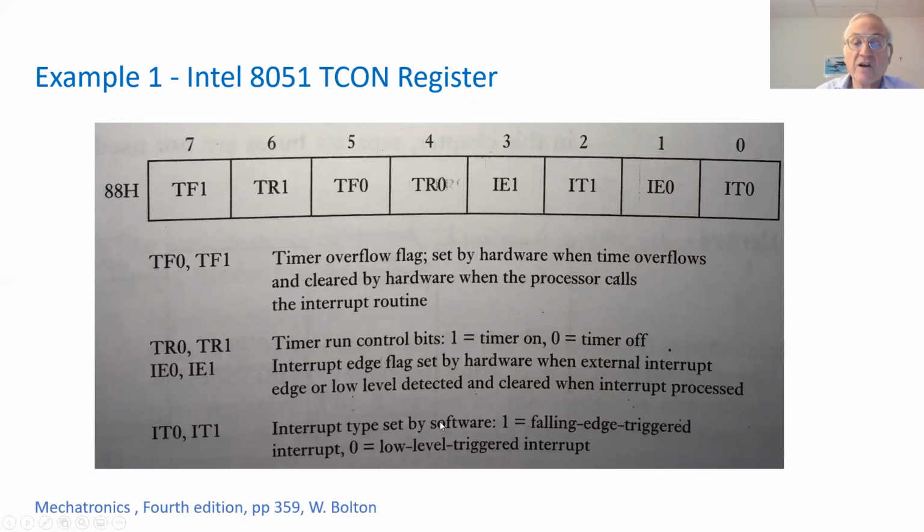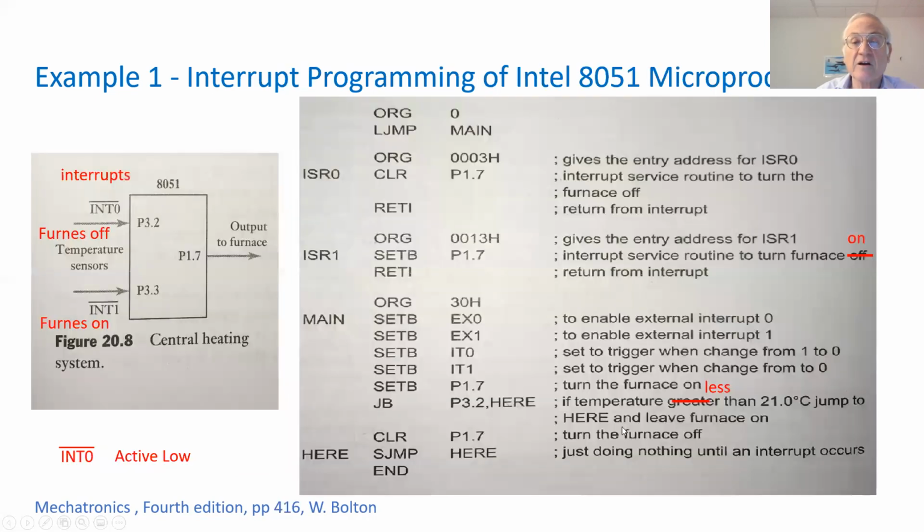And the configurations over here are defined such that for either interrupt 0 or 1, a 1 defines the falling edge to trigger the interrupt, and 0 means a low level triggers the interrupt.